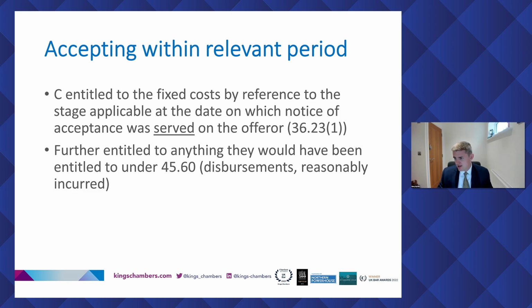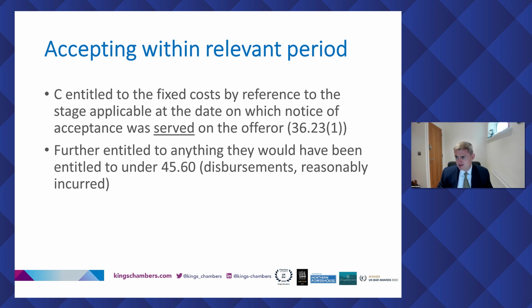A quick word at this point: the second bullet point there mentions that you're also entitled to anything that they would have been entitled to under 45.60. These are the different bits of fixed disbursements and whatnot that you are entitled to under the fixed cost regime on the intermediate track. Now, this talk does not attempt to look at all those nooks and crannies of these extra costs, and I think it's fair to say it's somewhat neglected in the slides going forward, the fact that these costs exist.